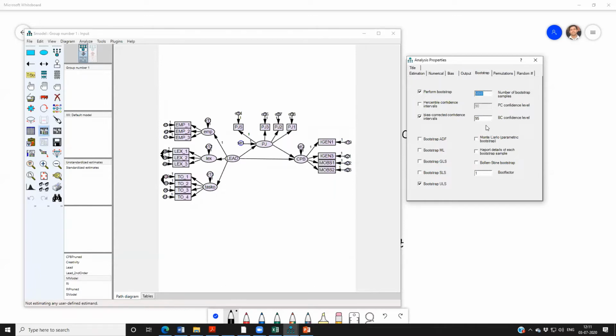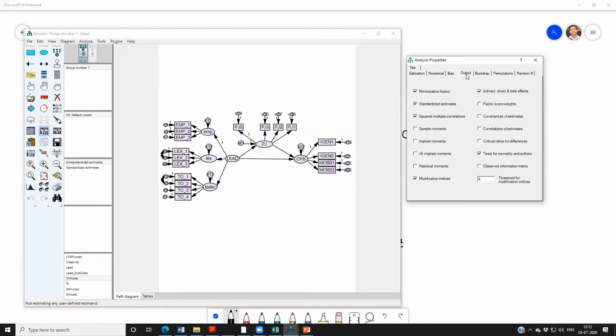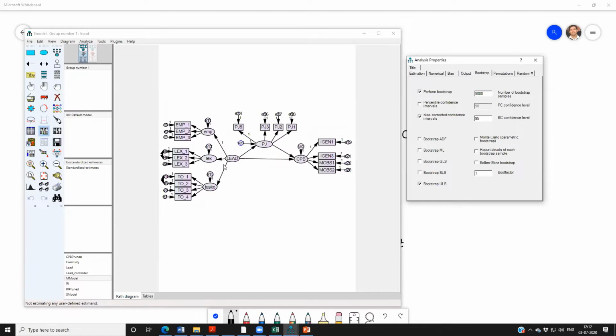Then the bias corrected confidence interval: if you want 90%, put 90; if you want 99%, put 99. But usually, if you can show good results for 95%, I think you are right.